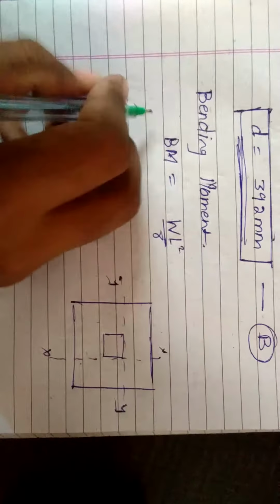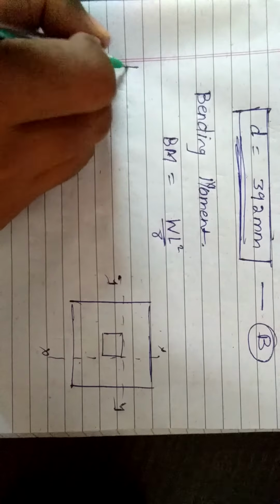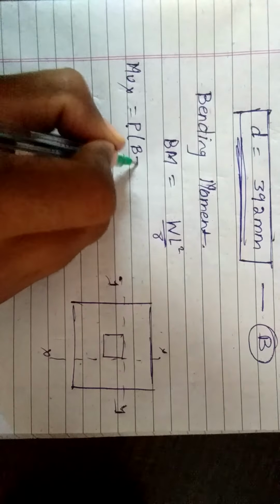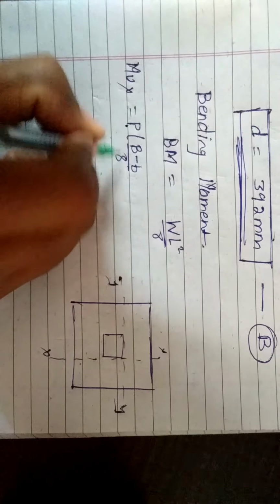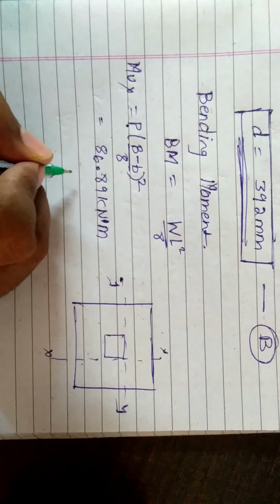Now see the bending moment, firstly Mu with respect to x, that is P, upward soil pressure into (capital B minus b) divided by 8 square, and that will give the value of 86.89 kilonewton meter.